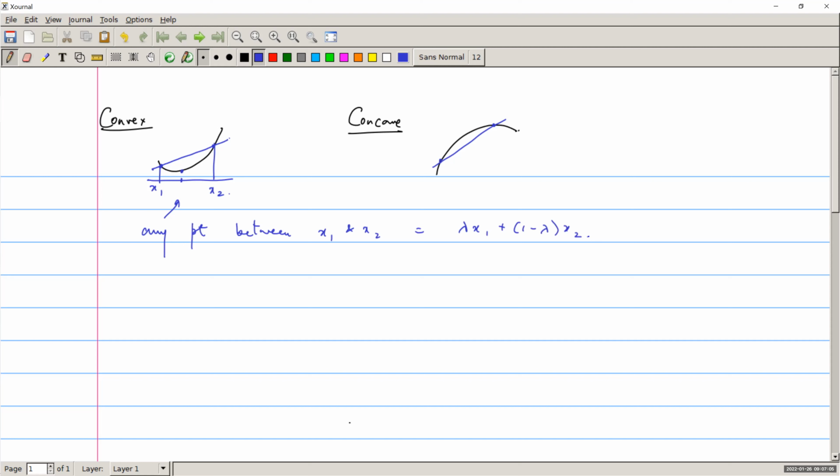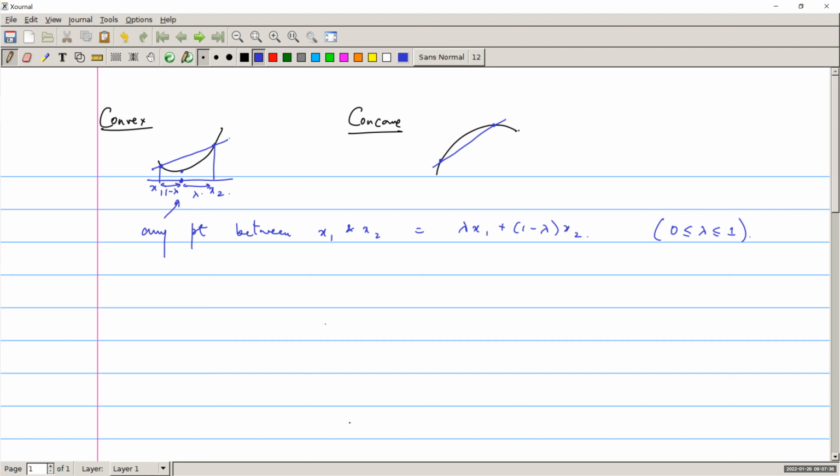Here I divide the interval between x1 and x2 in the ratio 1 minus lambda and lambda, where lambda is a number between 0 and 1. So these are the points between x1 and x2.